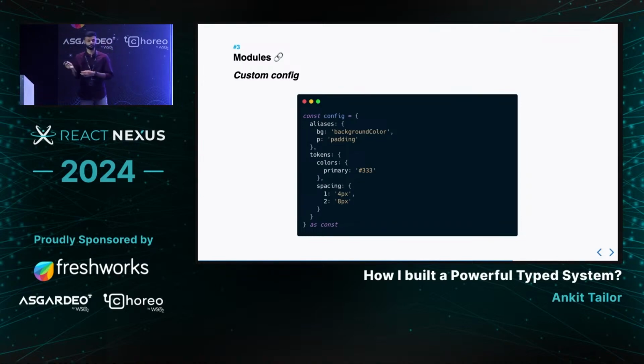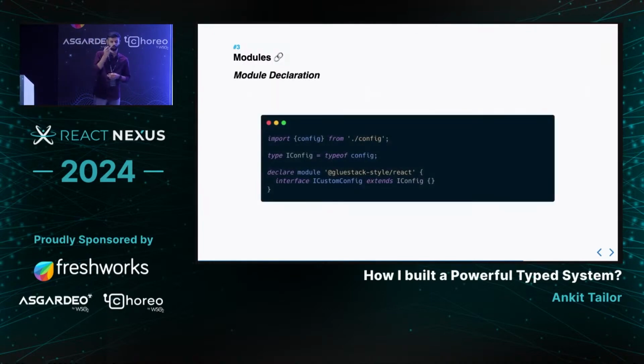This is the benefit of it. So we have imported that config. We have used the typeof operator to get the config type, and we have declare module, and interface ICustomConfig extends IConfig. So we'll do that and get the typings of that.